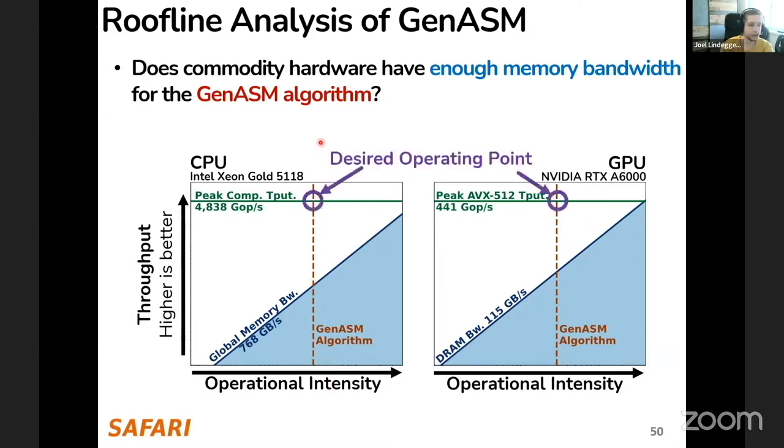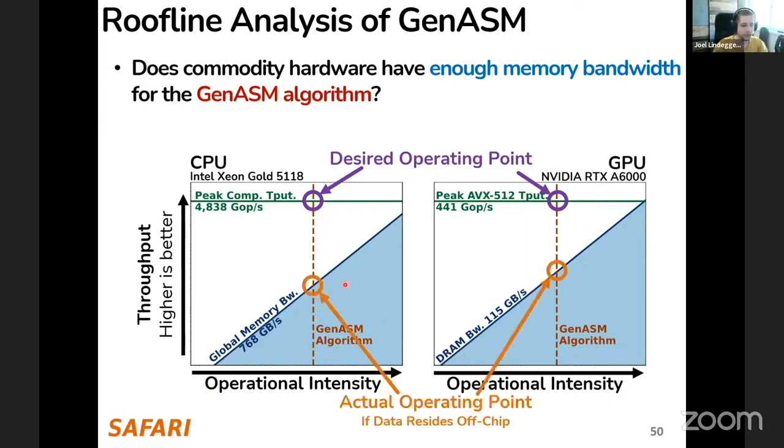The desired operating point is always at the peak compute throughput of the given hardware. That's where we'd like to be. And we know that the given algorithm always operates on its vertical line along the operational intensity. Now, the actual operating point of these algorithms is unfortunately bound by the intersection point between the algorithm and its memory bandwidth.